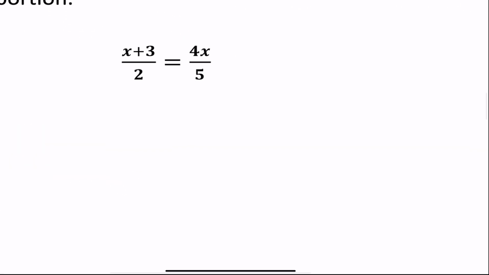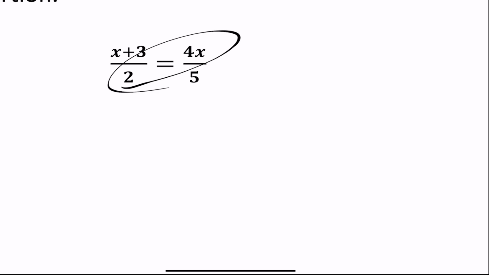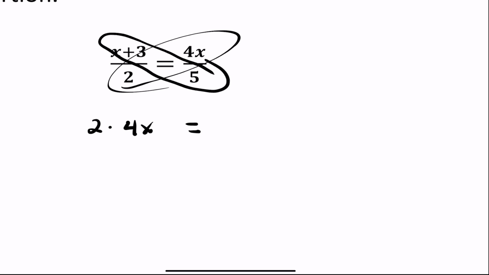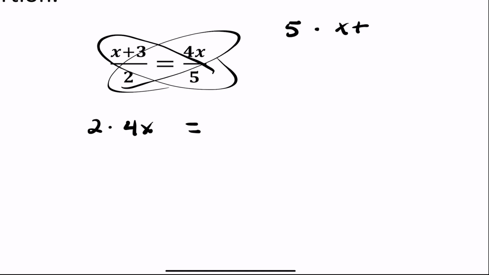For number 2, I have x plus 3 divided by 2, which is equal to 4x divided by 5. So what I'm going to do is multiply the 2 and the 4x. So 2 times 4x equals the 5 and the x plus 3. So here's the thing. You don't write 5 times x plus 3, right?